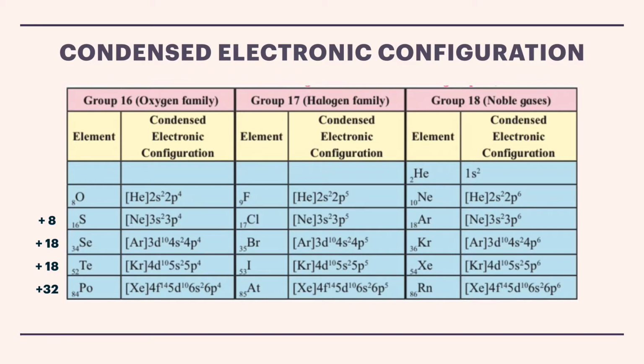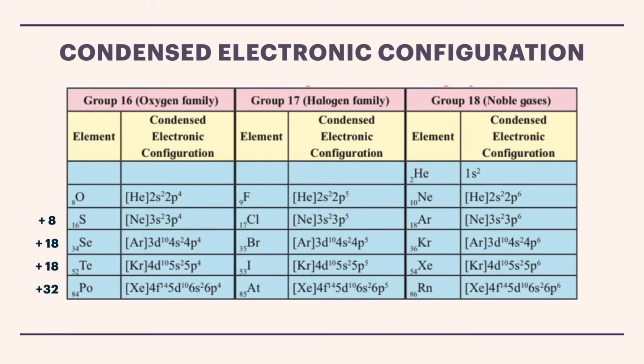How we represent this is very simple: xenon, then n minus 2 f orbital, n minus 1 d orbital, and ns2 np4. So it will be 4f14 5d10 6s2 6p4.